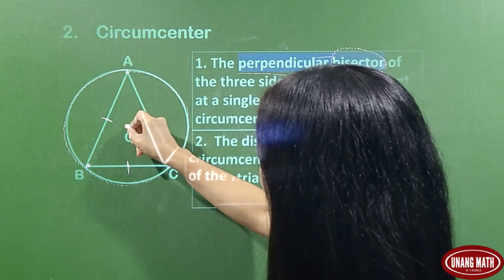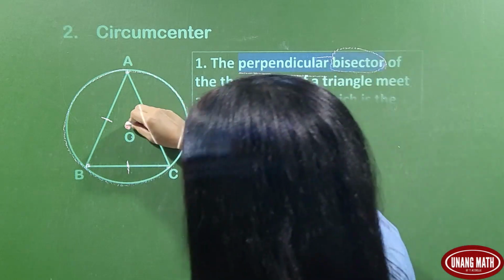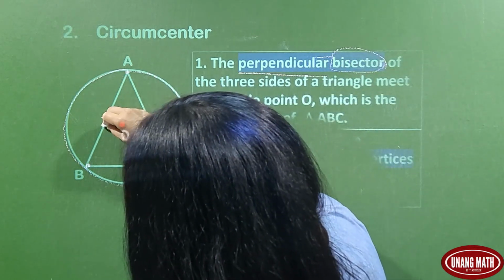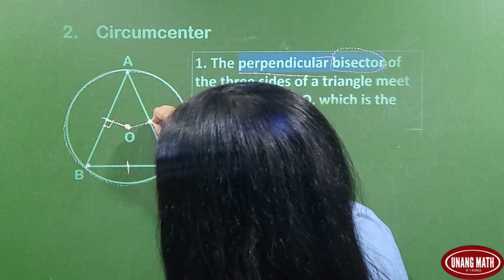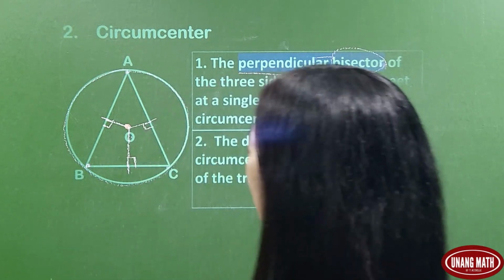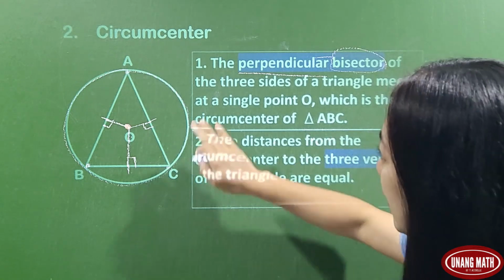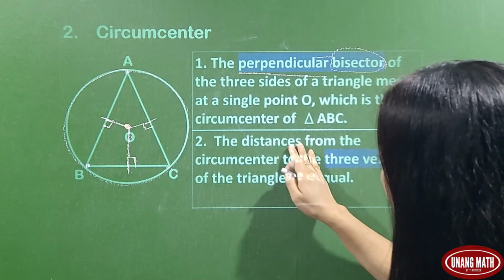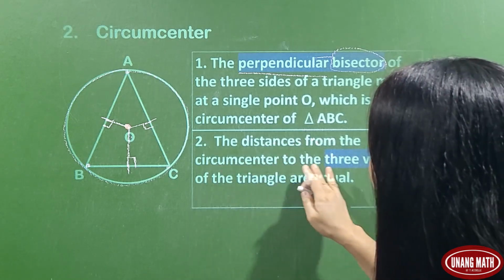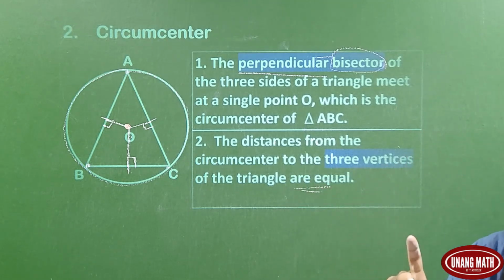And if it's a perpendicular bisector, then that means a right angle is formed here.